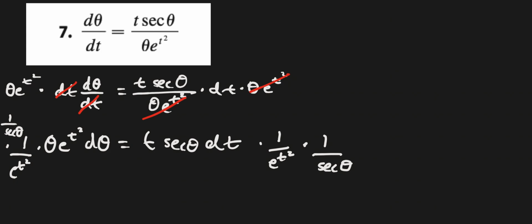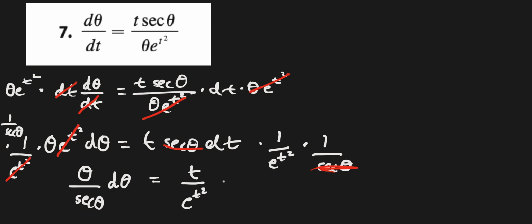What will happen here is this will cancel with this, and this will cancel with this. So you'll end up with theta by secant theta d theta is equal to t by e to the t squared dt. Okay, now we just need to integrate both sides.